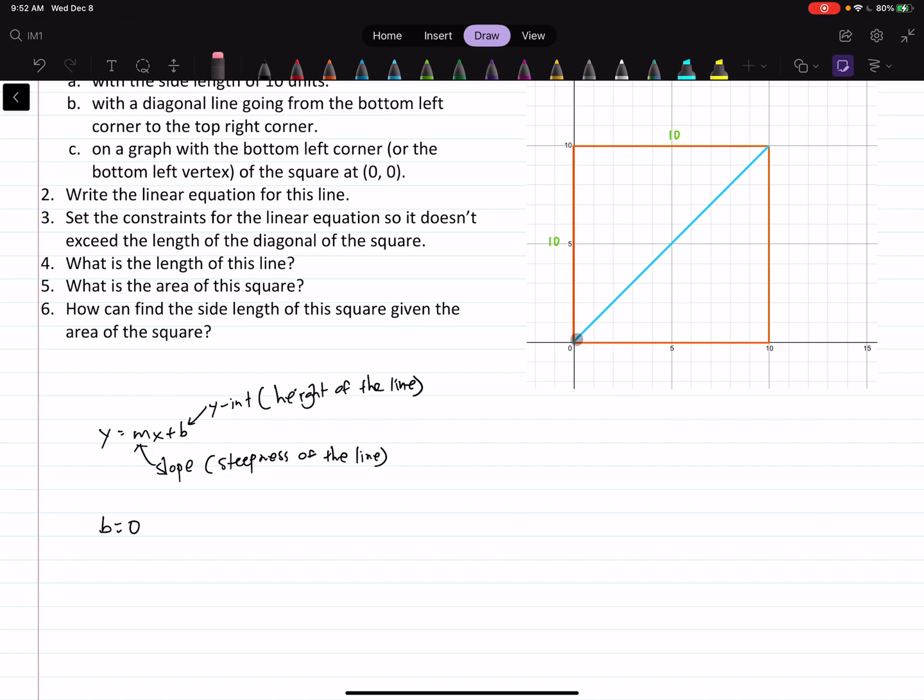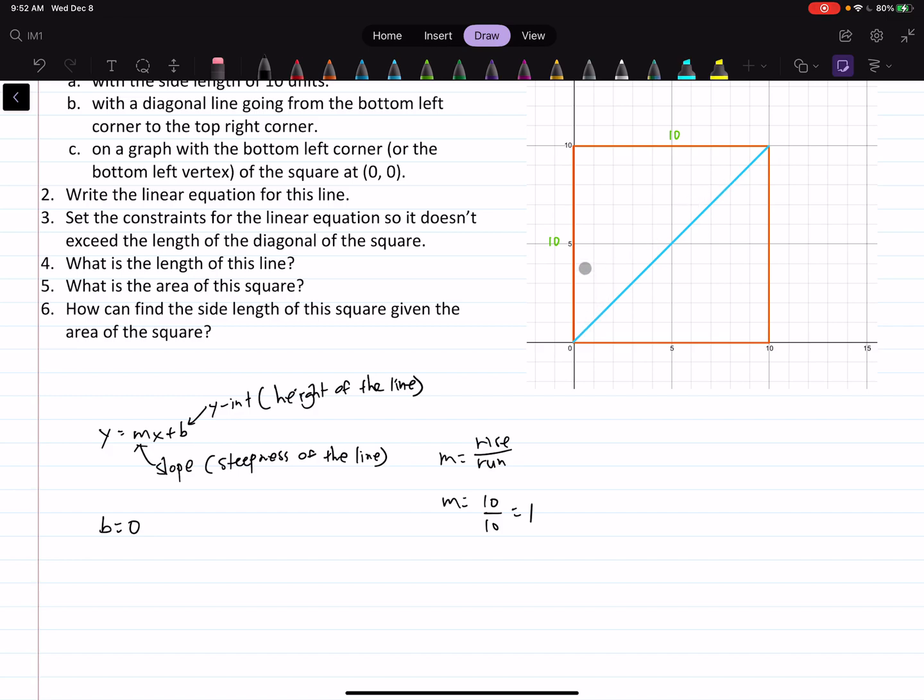And the slope, as you can see, is rise 10, run 10. If you remember, slope m is equal to rise over run. Right now my rise is 10 and my run is 10 as well, and 10 over 10 is equal to 1.